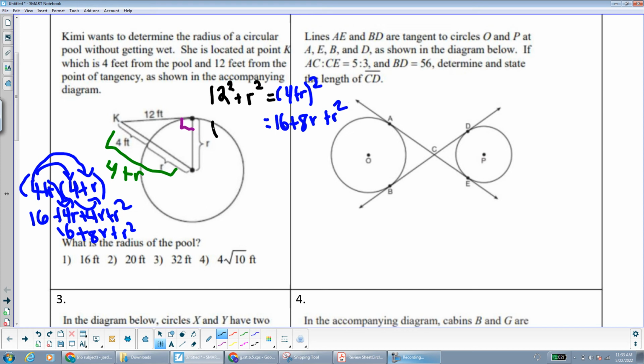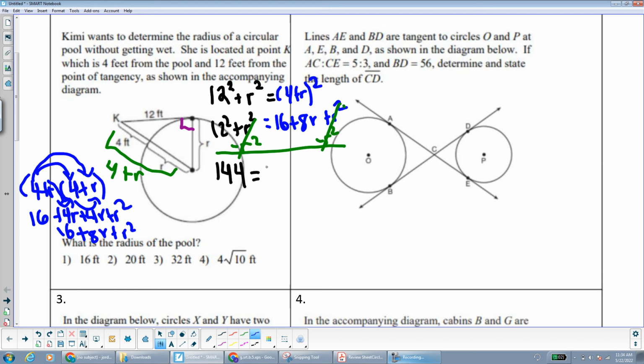And that's equal to 12 squared plus r squared. From here, I'm going to solve the equation using inverse operations. So I'm going to just subtract r squared from both sides. And here I have 12 squared, which is 144. I can just rewrite that as 144.